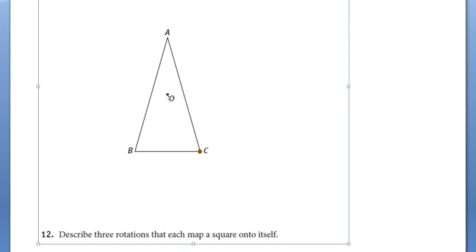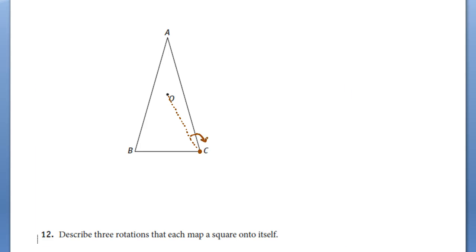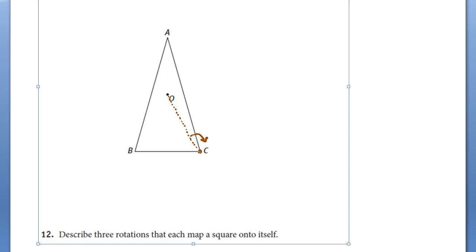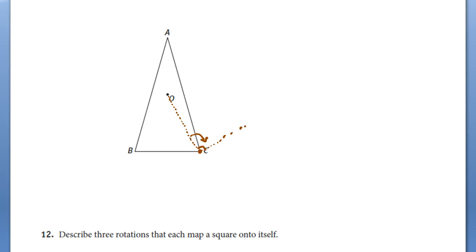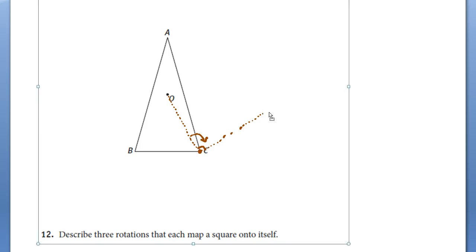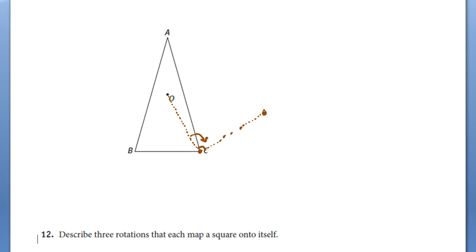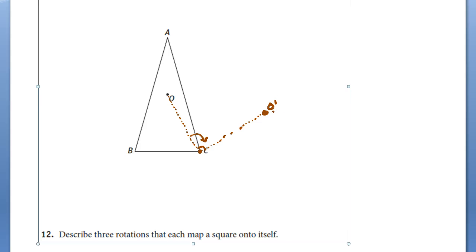So if we connect O to C, measure that distance with a ruler, and go 90 degrees, this time clockwise, so we're turning it in this direction. So when we create our 90-degree angle, we want it to bust out that way, right? Perfect 90 degrees. Go that same amount. I want these to look equal. And mark it, and there's where O prime is. That's going to be the center of our new triangle.